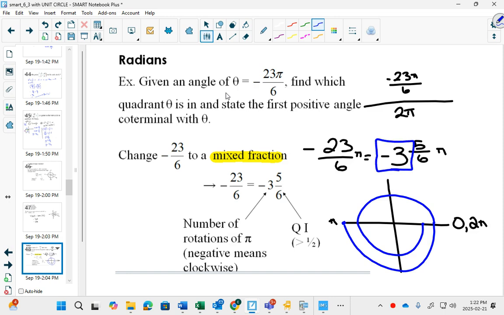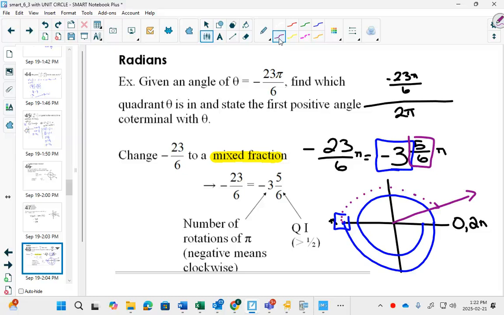This number right here tells us you would have gotten this far. Now we still need to go 5/6 pi more. Would you agree that 5 over 6 is more than half? So if I, from here, went more than half, and ended at my pi over 6 family member, this is going to be in quadrant 1.